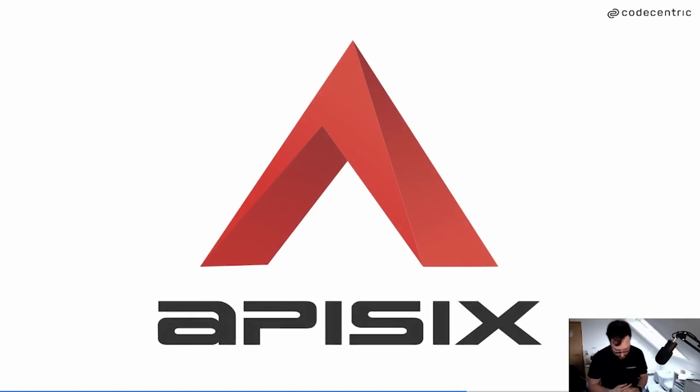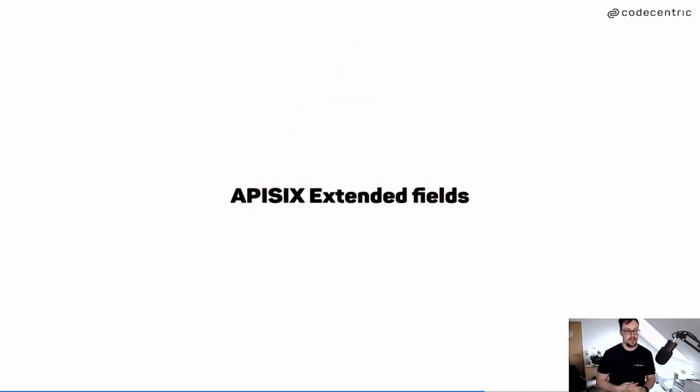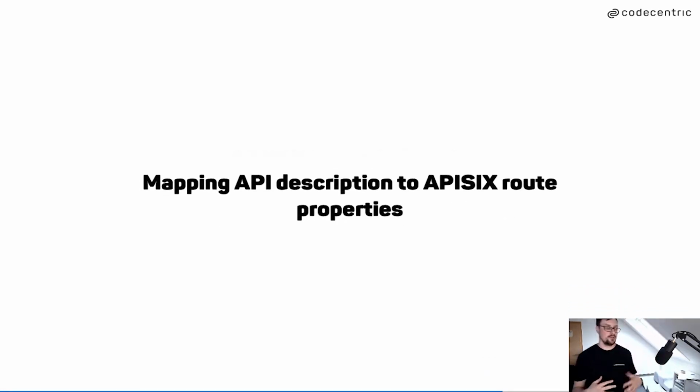So with API 6, we have the possibility to use extended fields. This is something we talked about earlier. So with this, we are able to really establish this single source of truth based on the API definition. And we can map the API description to the API 6 route properties.